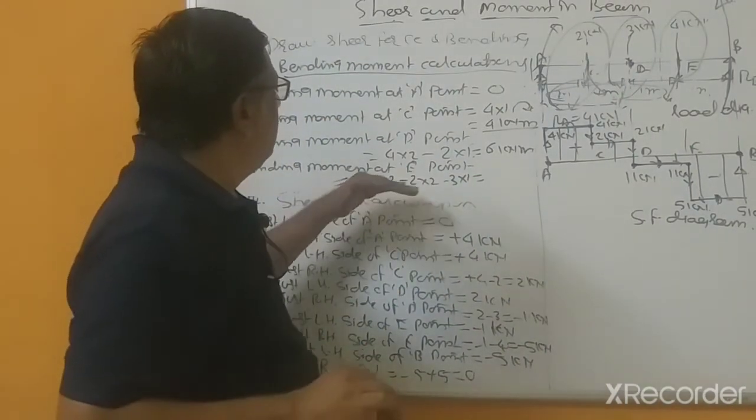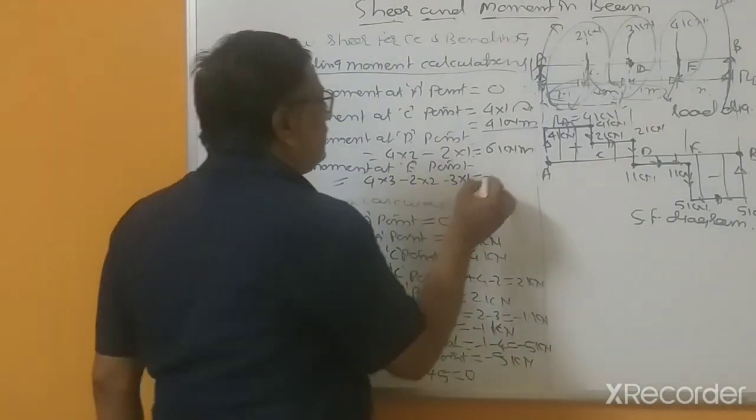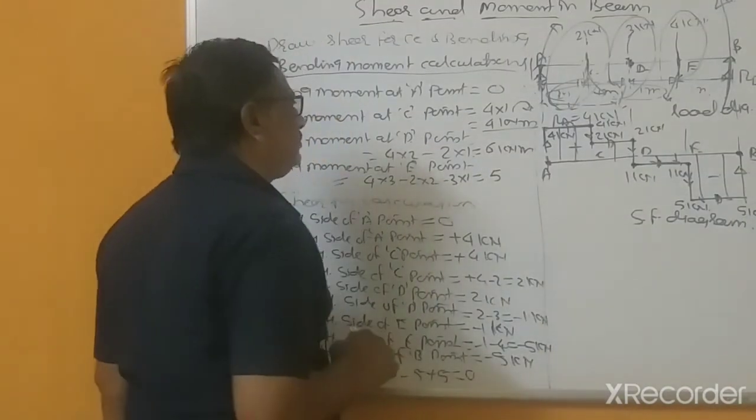This is 12 minus 4, 8 minus 3, and this is 5 kilonewton meter.